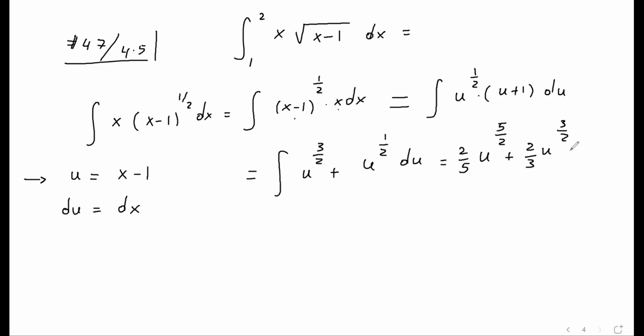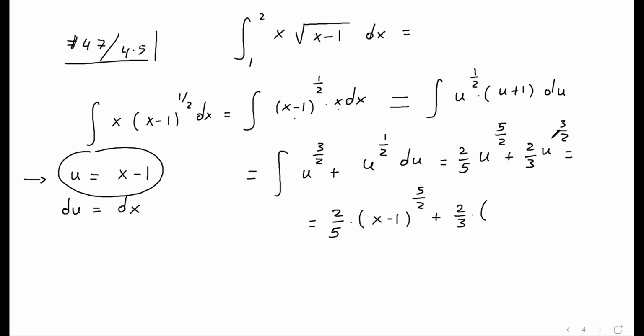Then we can write in terms of x: 2/5 times, and u was x minus 1, x minus 1 to the 5/2, and 2/3 times, and again u is x minus 1, to the 3/2. All right, folks. So this is going to be the antiderivative.